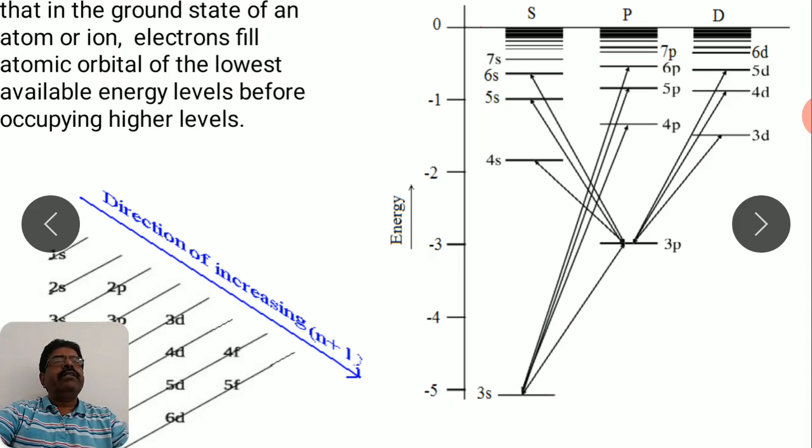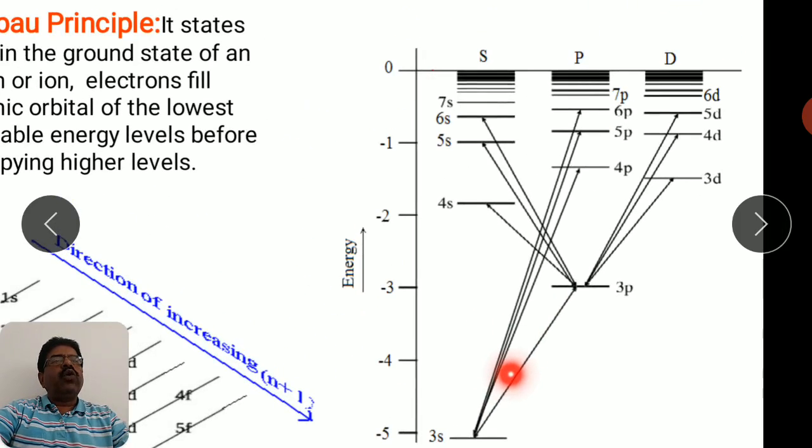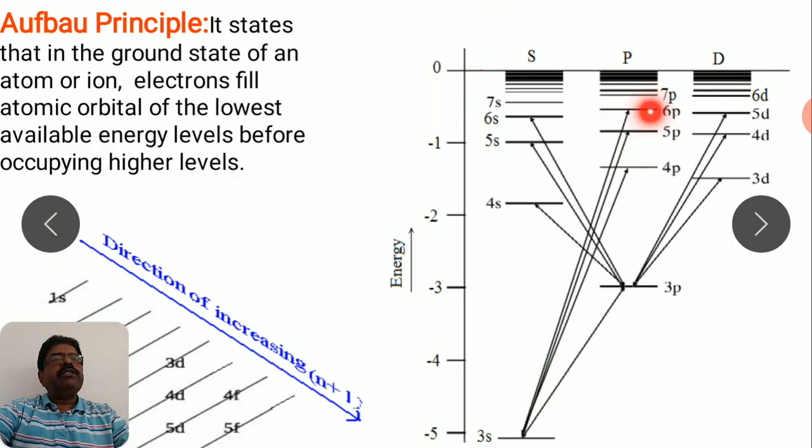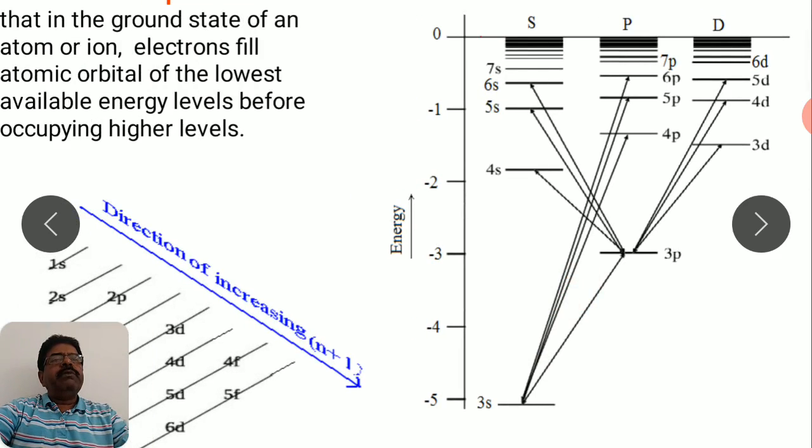You can see on the energy level diagram that it is the lowest energy level. And when the electron is excited, it can go to 3p, 4p, 5p, 6p, and so on. Then from 3p it can go to 4s, 5s, 6s, 7s, and so on. From 3p it can go to 3d, then 4d, 5d.